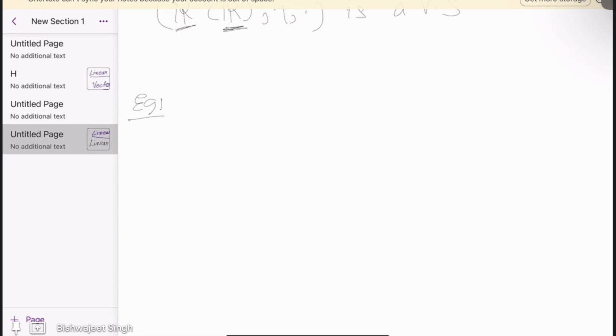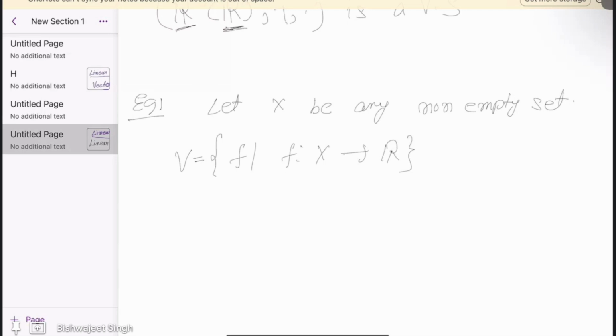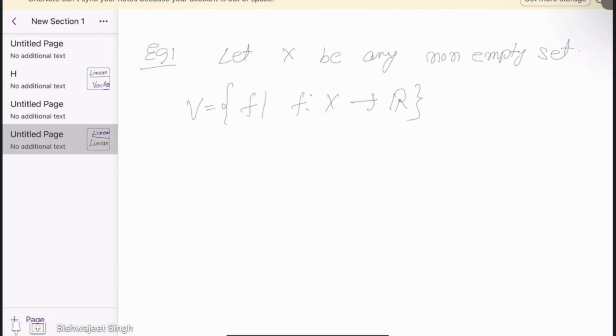So let X be any non-empty set, and I am going to take a set V as the set of all functions f such that f is a function from X to R. Okay, so this is the collection of all the functions, right?